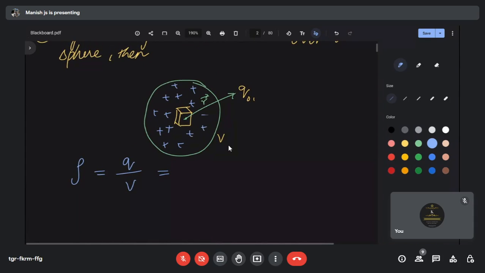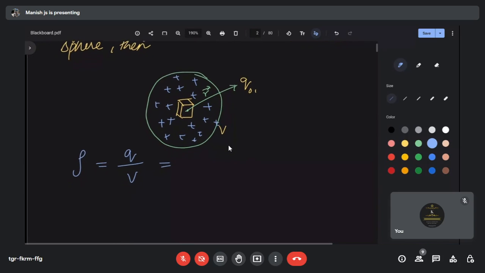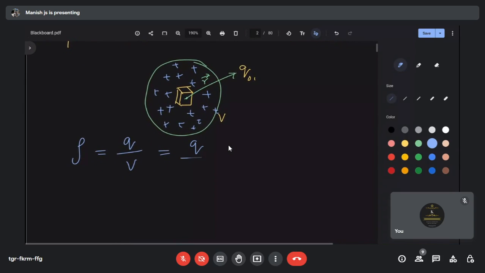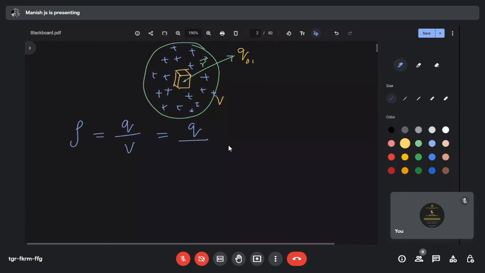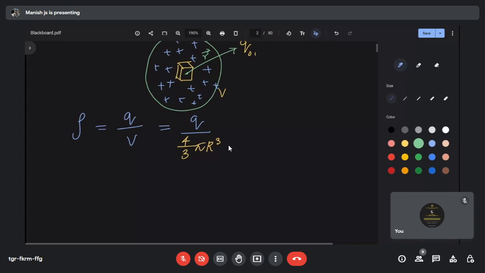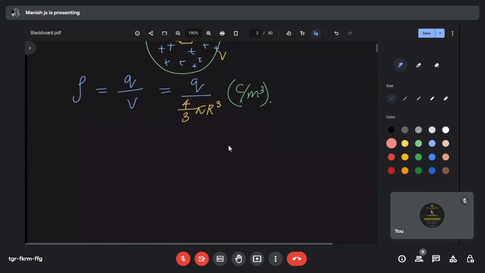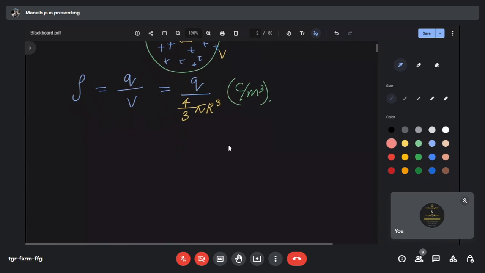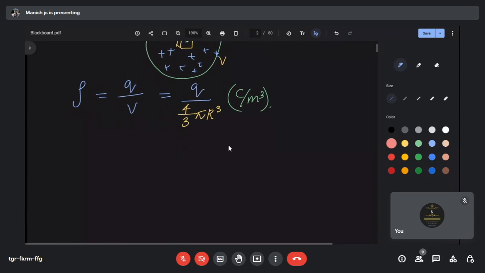So it is q upon the volume of a sphere. Who knows the formula for the volume of a sphere? 4 by 3. Yes, it is 4 by 3 pi r cube. The units you should not forget: it is coulombs per meter cube. So now we found the relationship for the volume charge distribution.